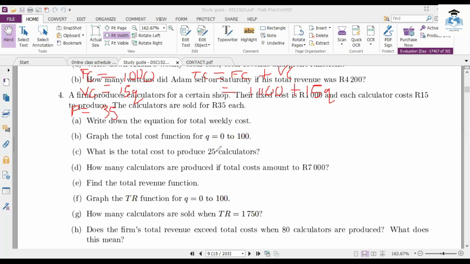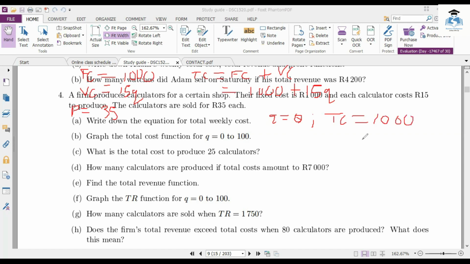If Q is equal to 0, then TC is equal to what? We substitute Q with 0 in this equation: 1,000 plus 15 times 0. So what will be the answer for TC? It is 1,000.